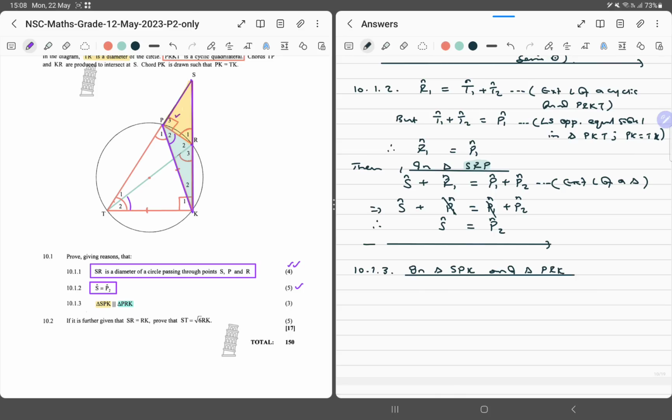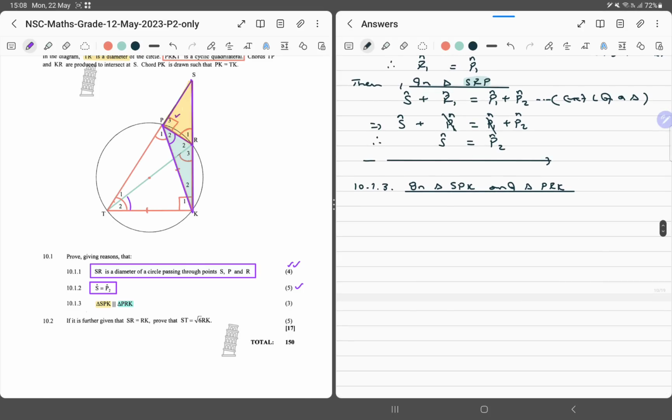So we know that we can prove equiangular, but we can see that angle S, no, we can see that, okay, maybe let's cut this one here so that we can see. So we can see that K2 is common to both triangles. So we can say angle K2 is common.